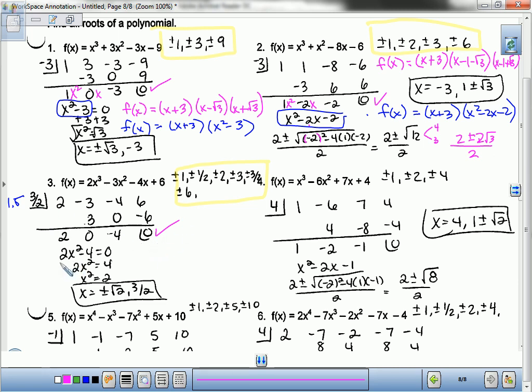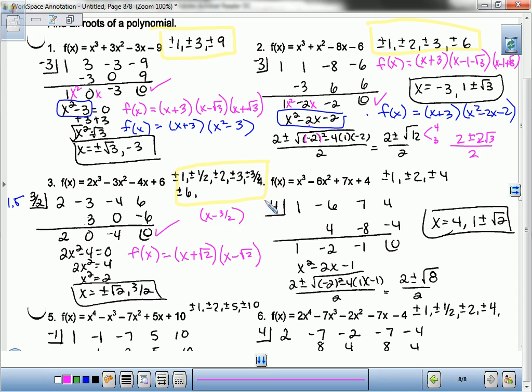Okay, so we would move the 4 over, get x squared equals 2, so it's plus or minus root 2. Okay, so when we write the complete linear factorization, we get f of x equals x plus root 2, x minus root 2, and then this 3/2, we don't write x minus 3/2.